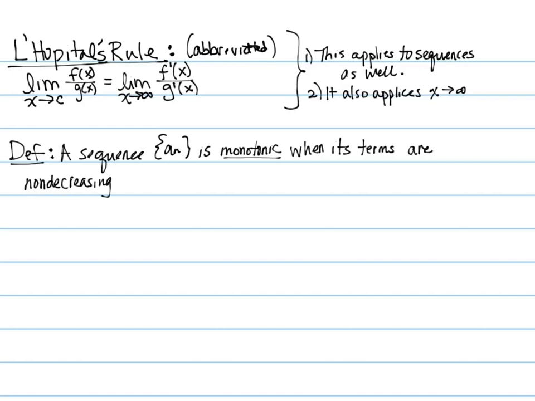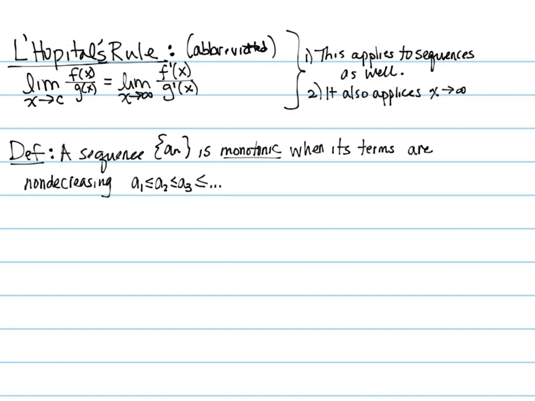So non-decreasing means a sub 1 is less than or equal to a sub 2 is less than or equal to a sub 3. The reason it doesn't just say increasing is you could have some of them that actually are identical. So we're looking at increasing or constant. Non-decreasing means increasing or constant or some combination of those things happening.